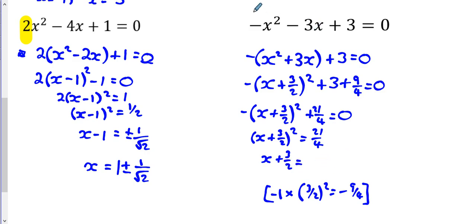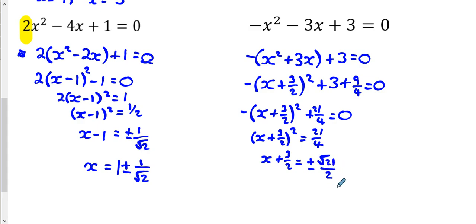I know what the square root of 4 is, but not the 21, so that's the bit I will leave as a surd. So plus and minus root 21 over 2. And finally subtract the fraction. I'll write that first as subtract 3 over 2, plus and minus root 21 over 2.